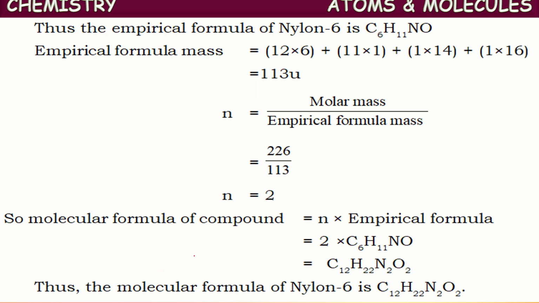So 2 into C6H11NO: 2 into 6 is 12, C12. 2 into 11 is H22. 2 into nitrogen, 2 nitrogens, N2. 2 into oxygen, 2 oxygens. So C12H22N2O2. This is the molecular formula of the nylon 6 molecule.